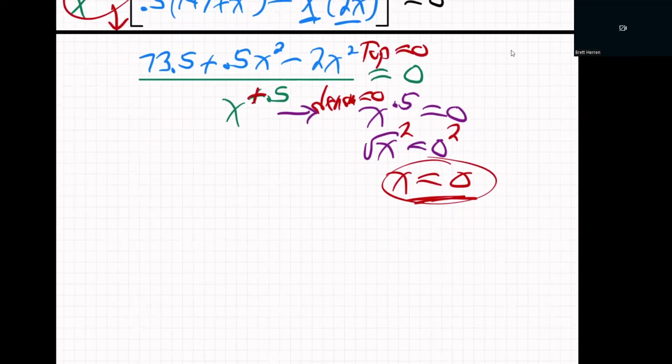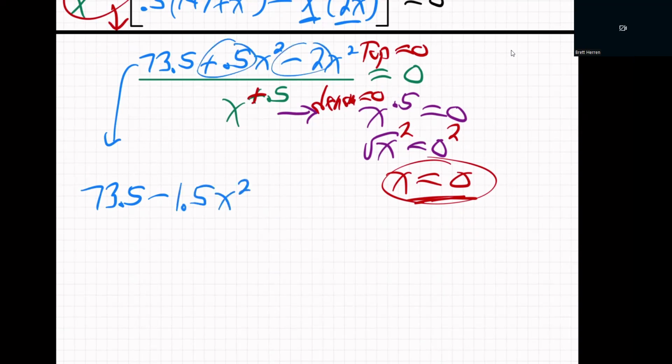What about the top? For the top, we've got 73.5 plus 0.5x squared minus 2x squared. So that's actually going to be minus 1.5x squared. Plus 0.5 minus 2 is minus 1.5x squared equals 0. Jump this guy to the other side and solve for x here.